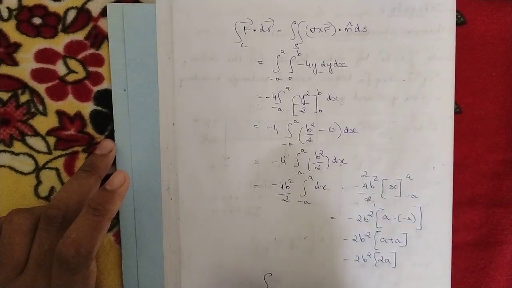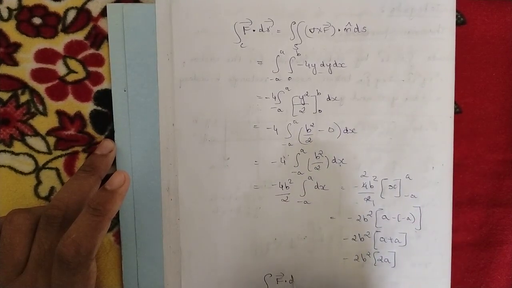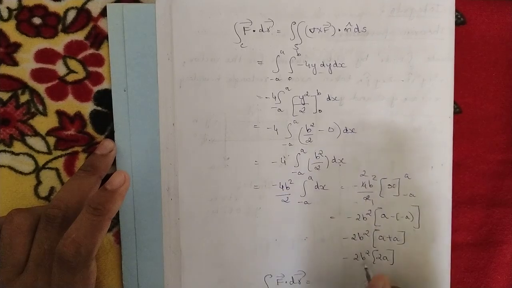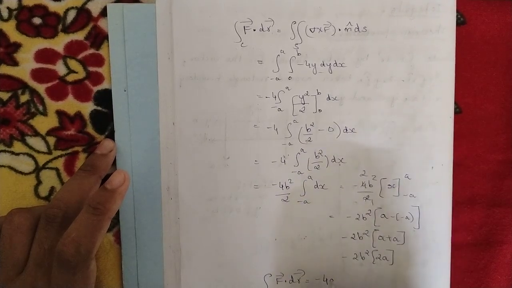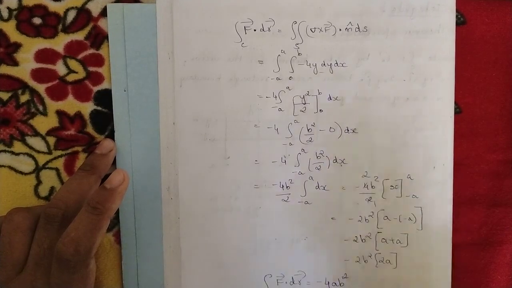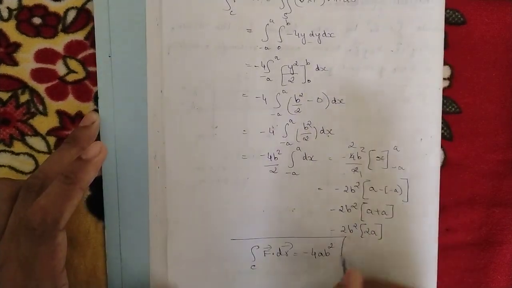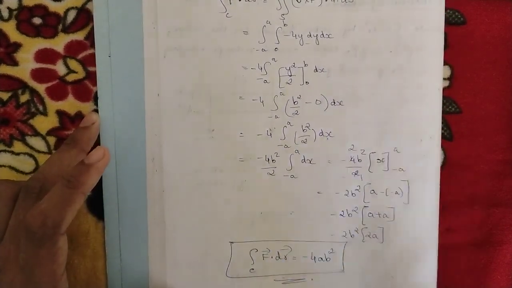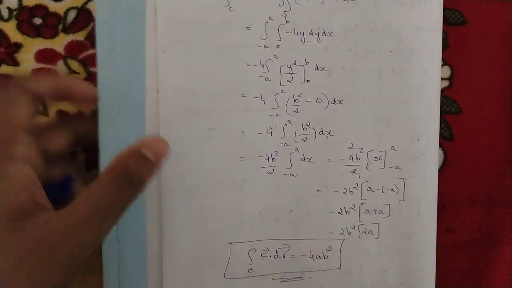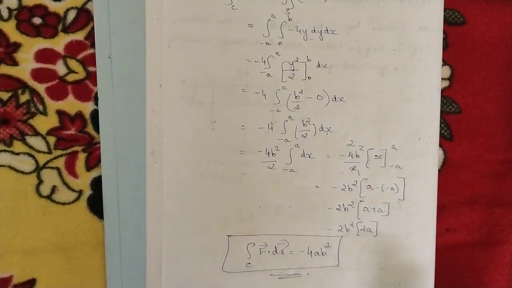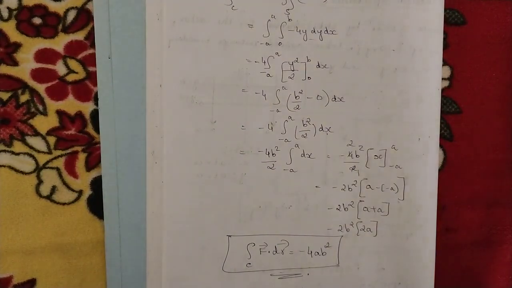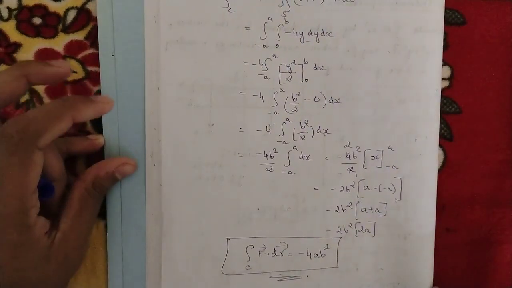So we would be getting our final answer as minus 4ab square. Okay, so this is our required answer, which we have solved using Stokes theorem. So hope it is clear how to solve. Please note this problem down, very important.